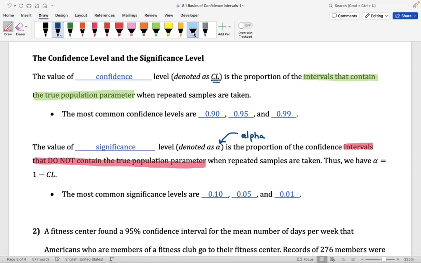So, for example, if your confidence level is 0.90, then 1 minus 0.90 is 0.10. If your confidence level is 0.95, then alpha is going to be 1 minus 0.95, which is 0.05. And finally, if your confidence level is 0.99, then alpha is 1 minus 0.99, which is 0.01.